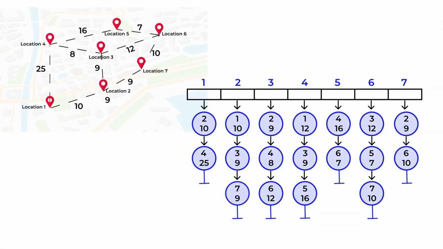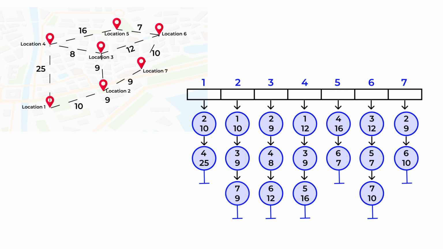The road map can be stored in the form of an adjacency list. Just look at the top numbering 1, 2, 3 up to 7. We have numbered up to 7 because there are 7 locations in the map. Look at the map and find out the locations that are neighbors of location 1.